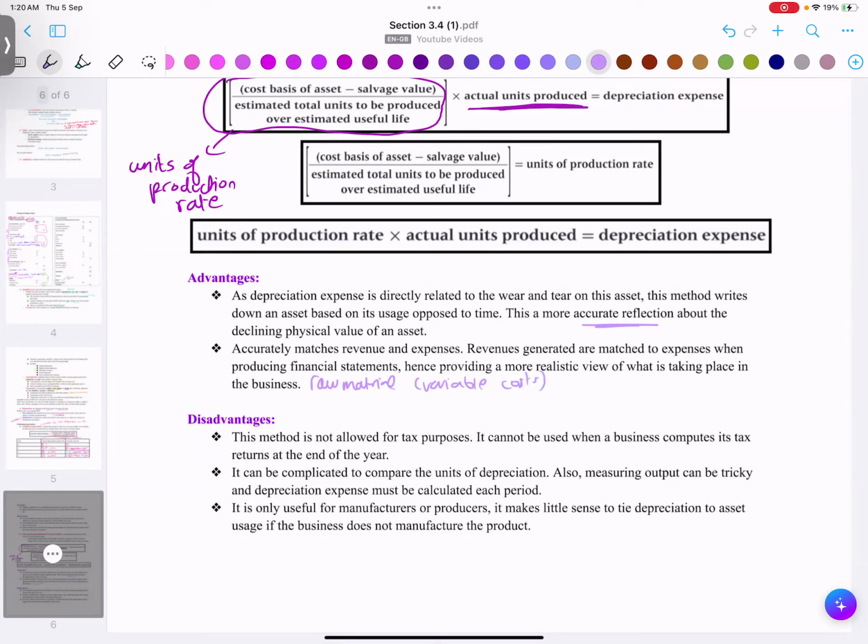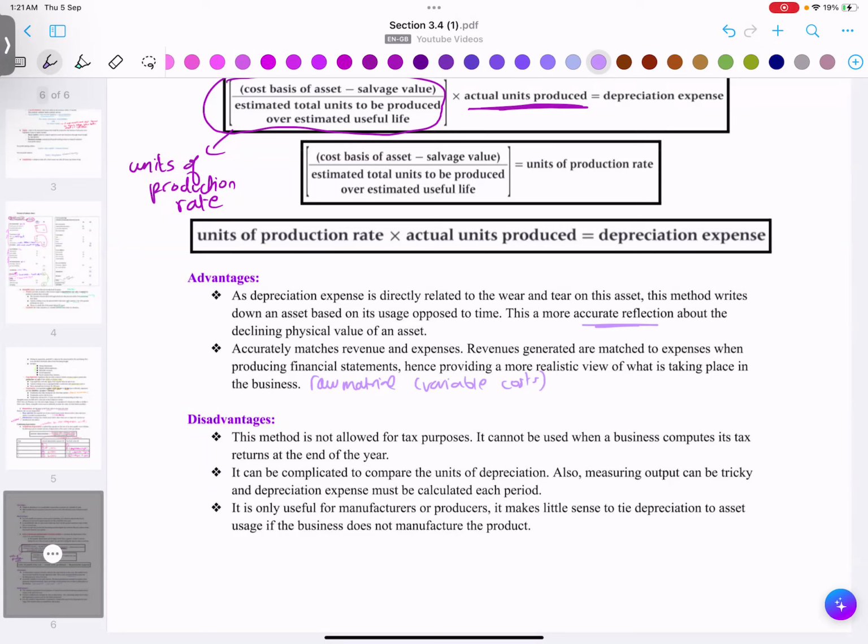So this is why it's really matching to the expenses on the financial statements, just because the amount of output you're producing is not only using up the machinery, it's not only depreciating the machinery, but also costing the business variable costs, raw material.